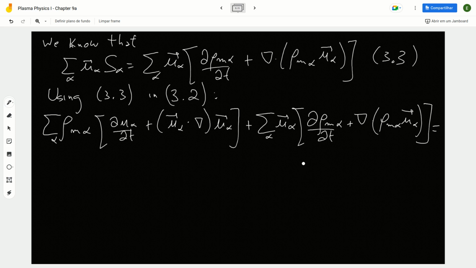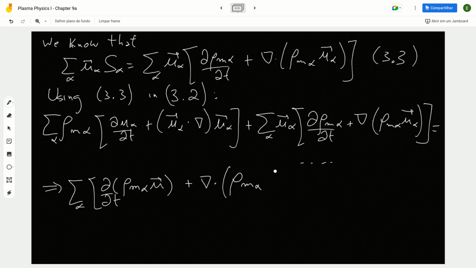And this is equal to all the other terms. Now we can rewrite these two terms like this. Rho m alpha u plus alpha u alpha u alpha, right?